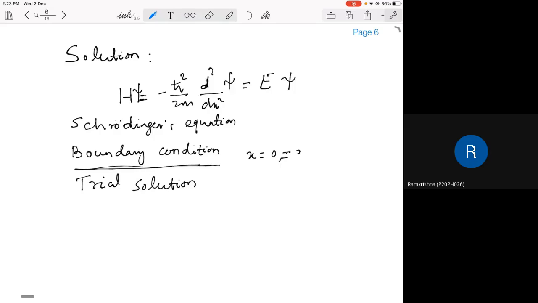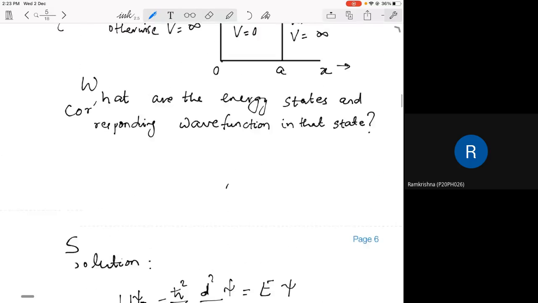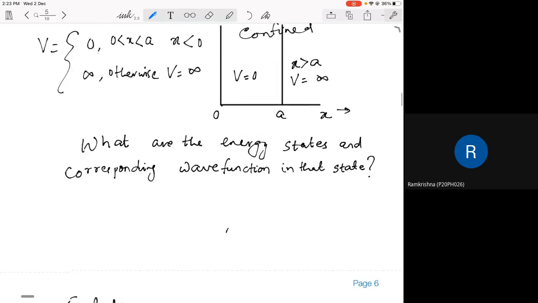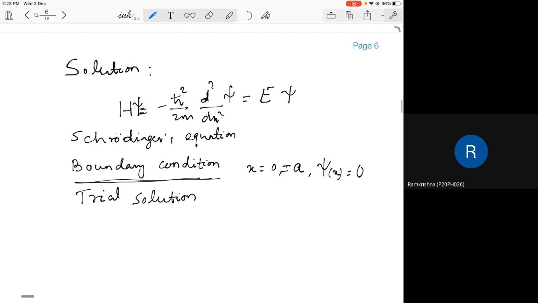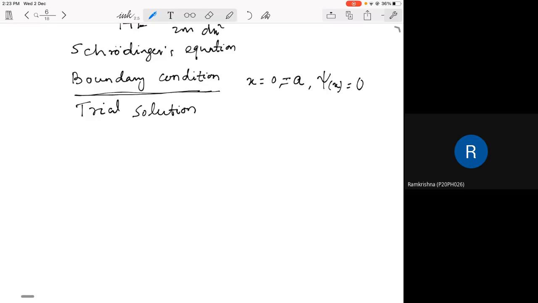This is one dimension, so psi of x will be 0. That is clear because the particle cannot go outside the box, so it is bounded inside this box. Therefore the wave function has to be 0 at the boundaries, x equal to 0 and x equal to a.